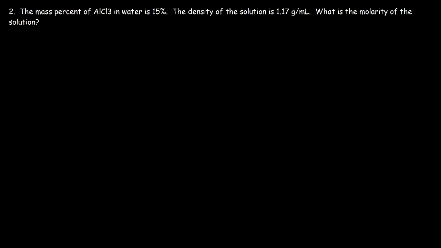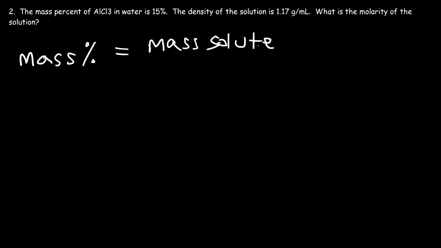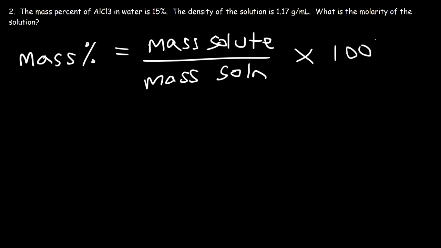Now, the mass percent tells us the ratio between the mass of the solute and the mass of the solution. So this is the formula for mass percent. Now keep in mind, the solute plus the solvent always adds up to the solution.